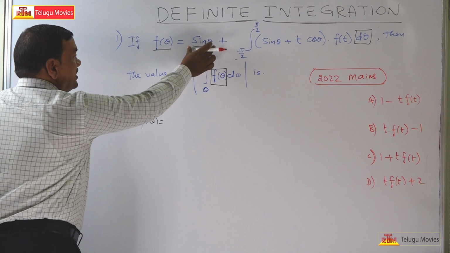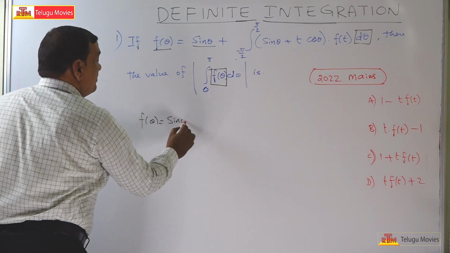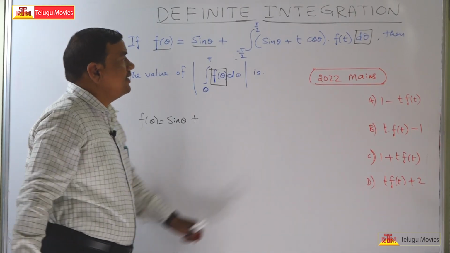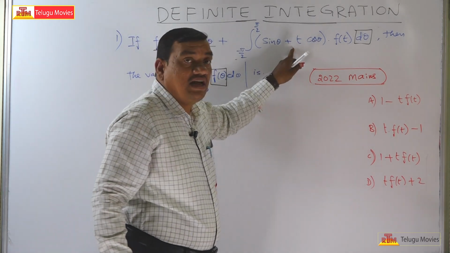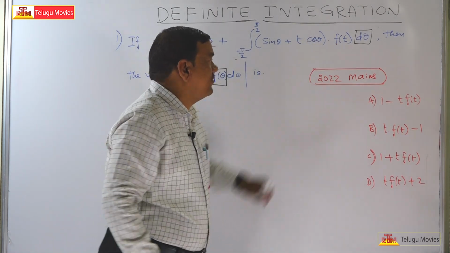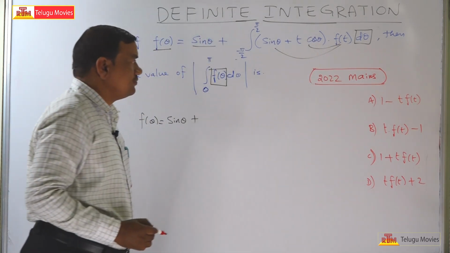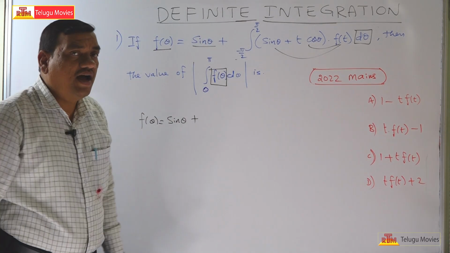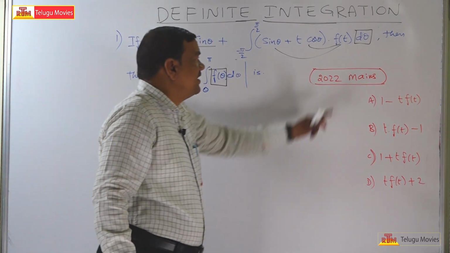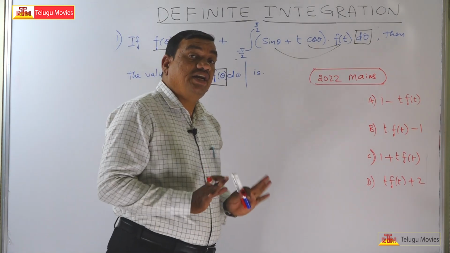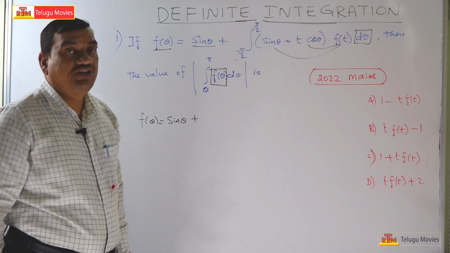So, f of theta is equal to sin theta, as it is I will write down, plus, see here, sin theta plus t cos theta times f of t. That means you multiply this f of t with both the terms and separate the integrals, and remember here with respect to theta we are integrating, other terms are treated as constant.